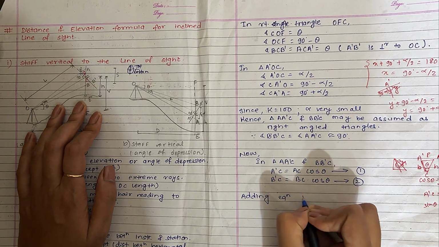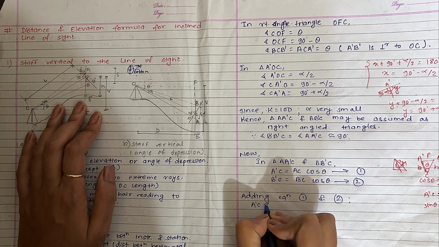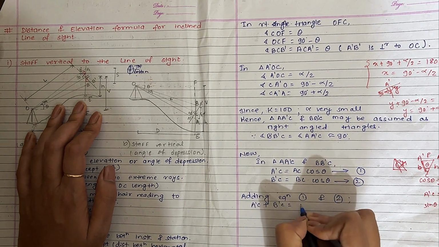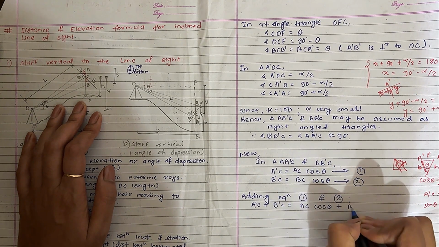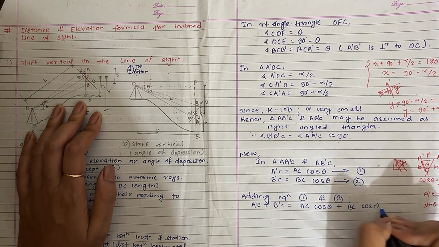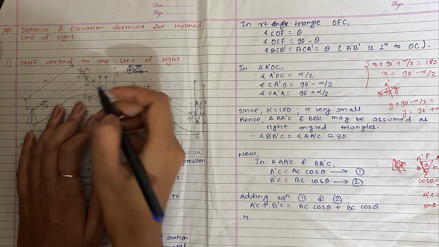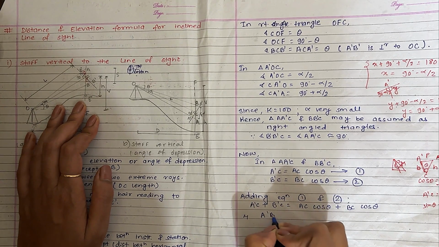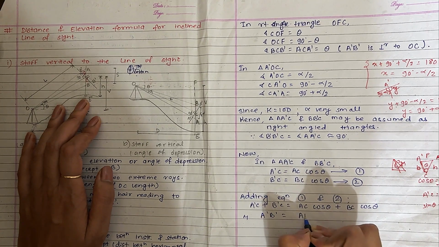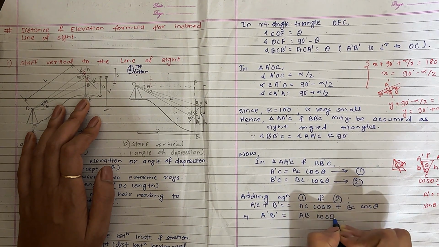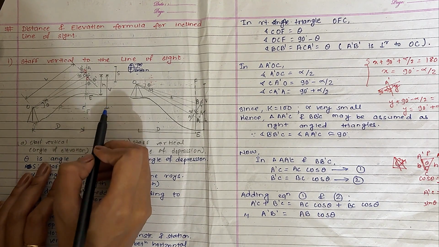Adding equation first and second, we get A dash C plus B dash C is equal to AC cos theta plus BC cos theta. So A dash C plus B dash C is total A dash B dash. A dash B dash is equal to AC plus BC, here is AB, that will be AB cos theta. Now we have to find out the horizontal distance and the vertical distance V.